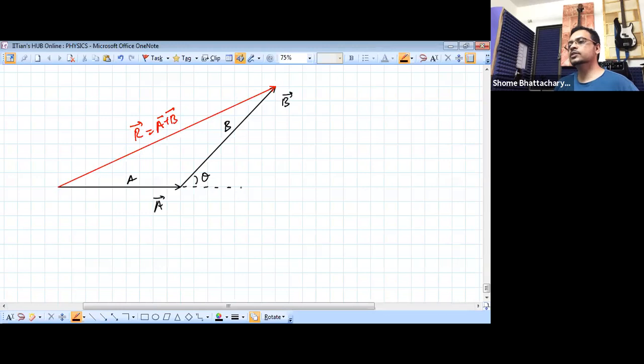So we do the same kind of construction that we did earlier. We continue this line forward, we drop a perpendicular from this, and first we have this right angle triangle, in which this side is, let us say, x, and this side is, let us say, y.